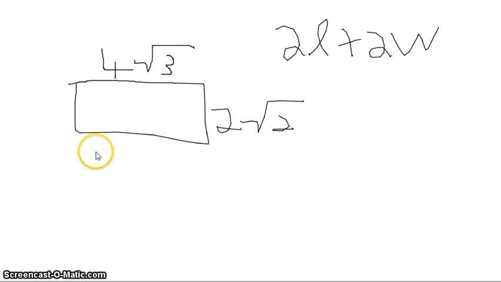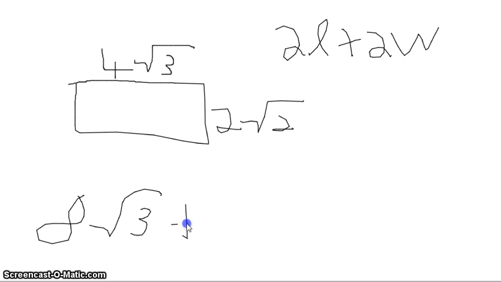So we have 8 radical 3 plus 4 radical 2.